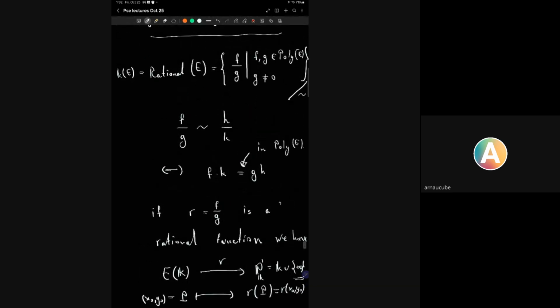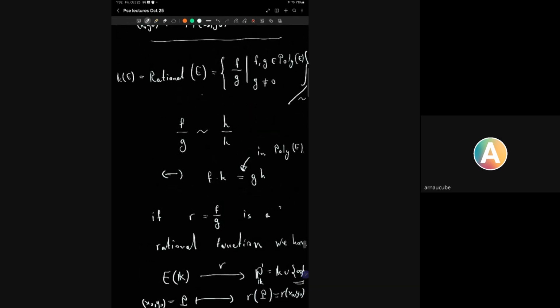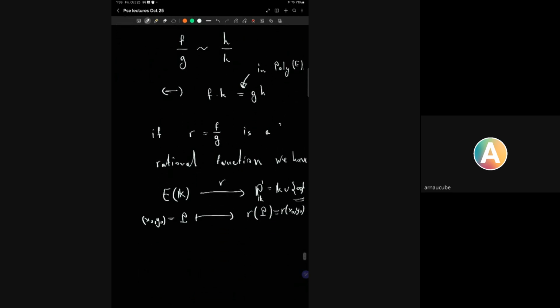So again, we have this algebraic description. A rational function on E is a quotient of polynomials, but it also induces an actual function. So we can think about it, and eventually we sometimes want to think about it as a function because we want to compose.